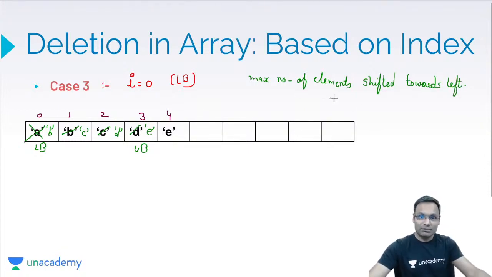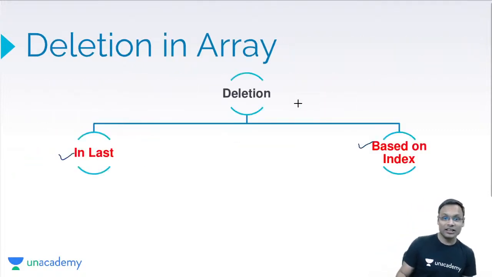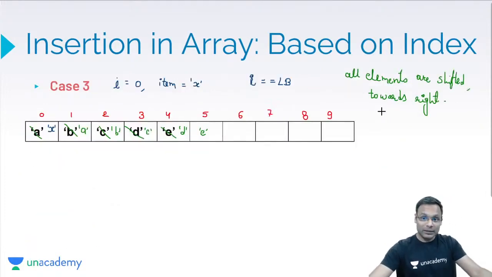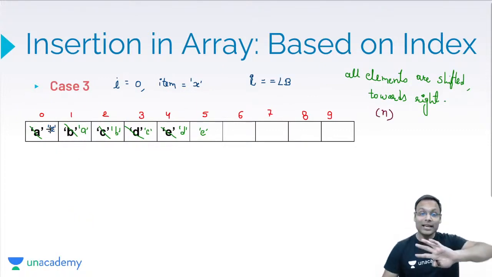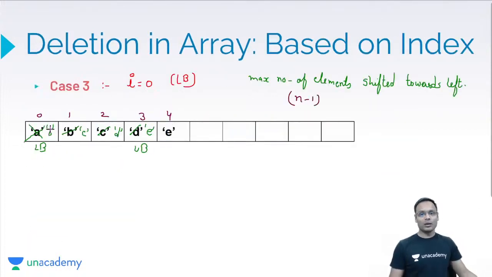And how many maximum elements? If we had n elements in total, then n minus 1 elements shifted. In insertion, in the worst case, all n elements were shifted towards the right so that you can make space here. Here there is no element missing for shifting, only n minus 1 elements are shifted.